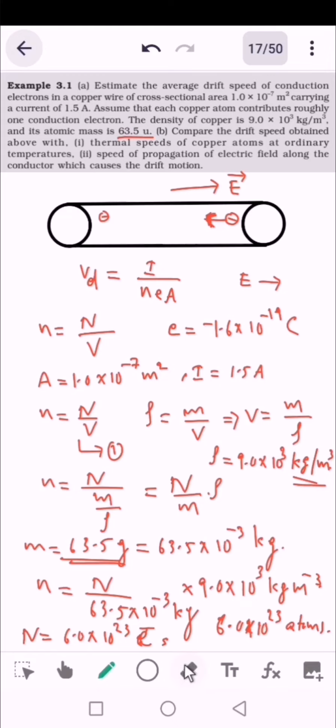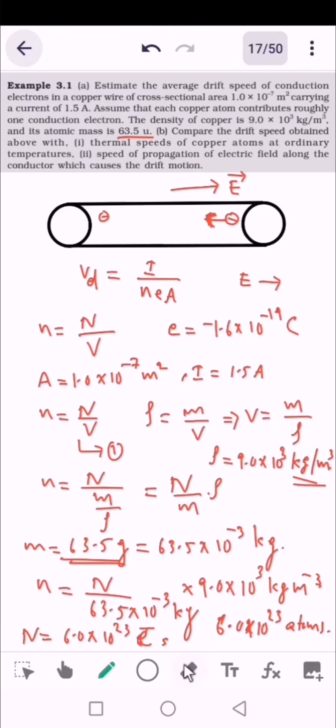So now we can calculate the small letter n. How can we calculate it? n equals 6.0 into 10 raised to 23 divided by 63.5 into 10 raised to minus 3 into 9.0 into 10 raised to 3 kilogram. How did you get this?